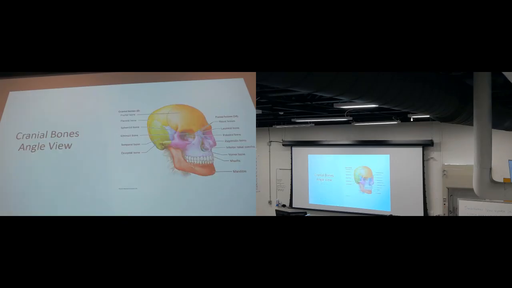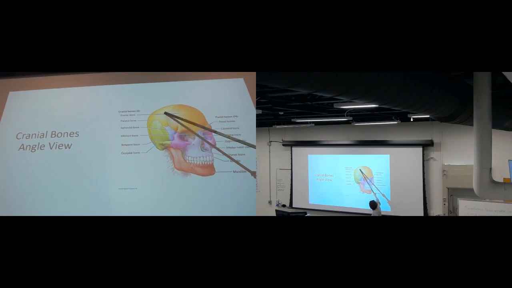So here is the angled view of these cranial bones. These bones form the calvaria, and these bones in here form the floor in this region. So here is the frontal, which is the most superior and anterior bone of the skull.